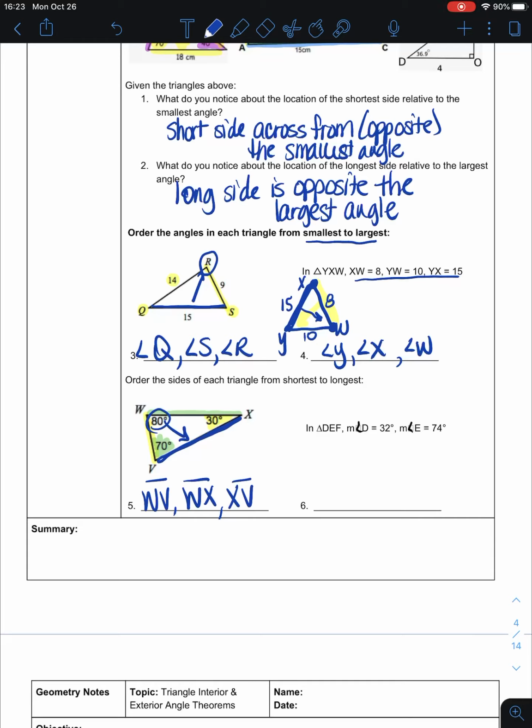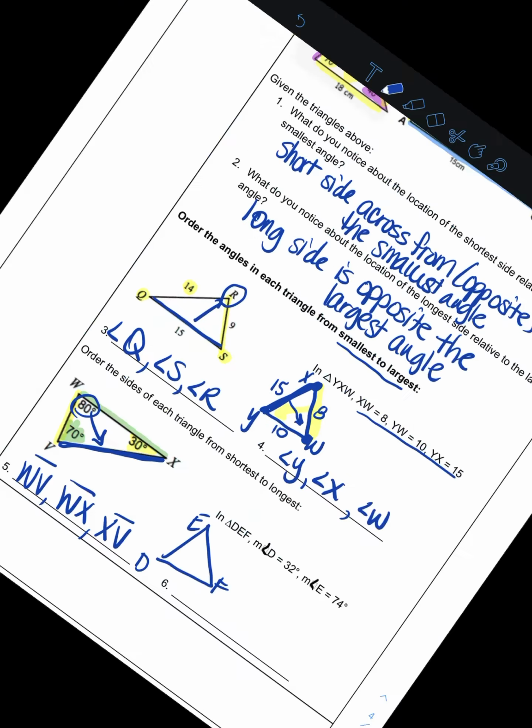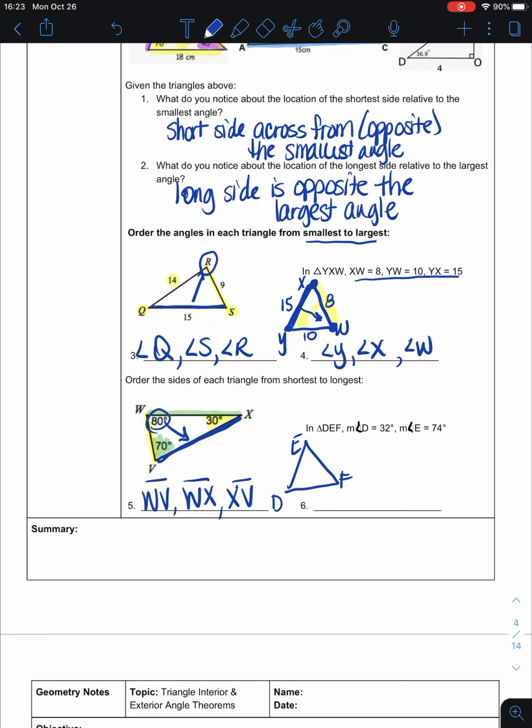Look at number 6. In triangle DEF, D is 32 and E is 74. Well, it's hard for me to determine the side lengths and which one is the shortest and the longest when I don't have all three angles. That's okay. We know how to find them. So we've got D, E, and F. I know that D is 32, so I can label that.